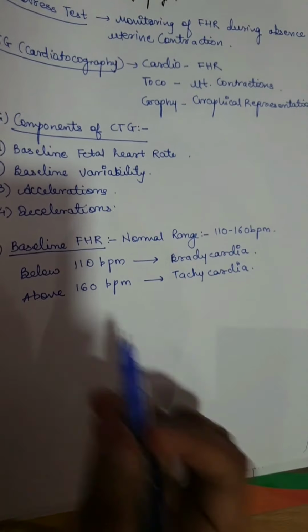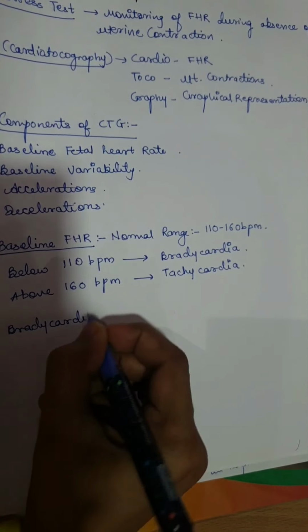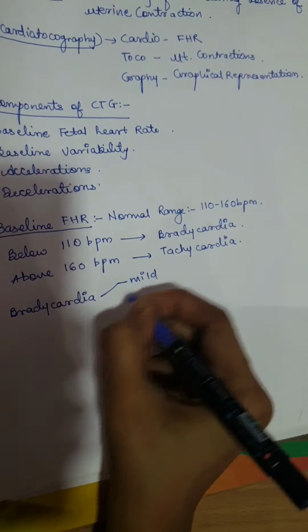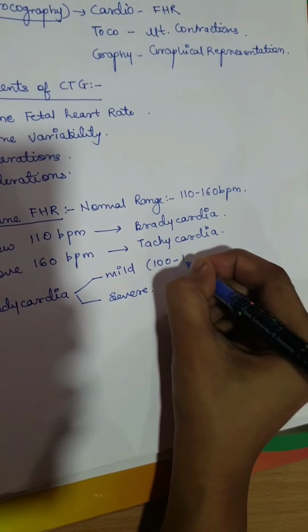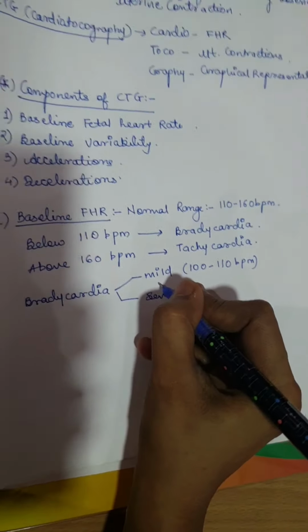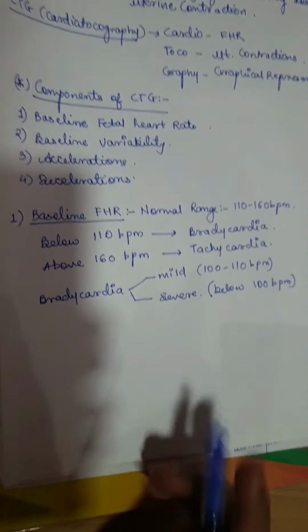Now, bradycardia is divided into two: mild bradycardia and severe bradycardia. So what is mild bradycardia? A fetal heart rate between 100 to 110 beats per minute is defined as mild bradycardia, and below 100 beats per minute is severe bradycardia.